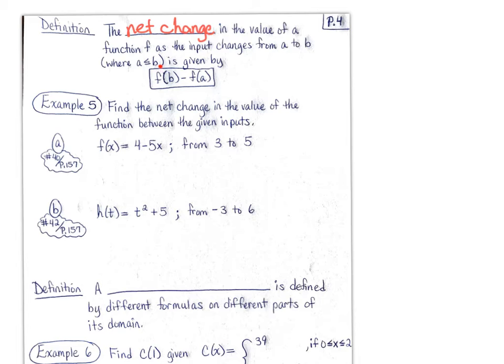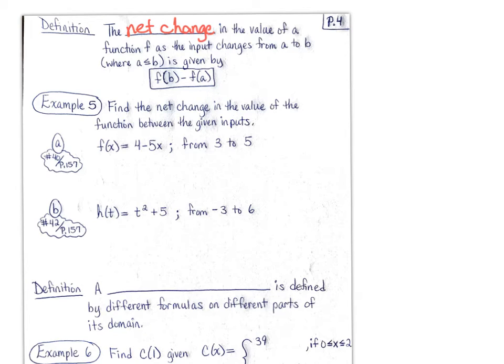Notice that a is less than or equal to b. That's important. The net change is given by f of b minus f of a.